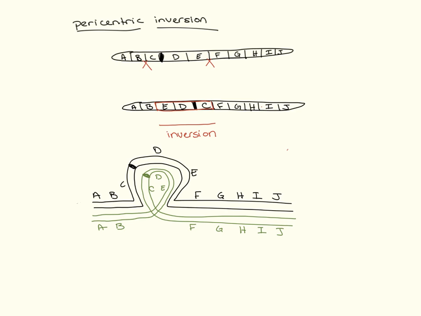So this is in a heterozygote during prophase 1 of meiosis, where the chromosomes are lining up, and you'll see that the same thing, we get an inversion loop forming, and the inverted chromosome has to twist on itself in order to allow the centromeres and the homologous regions to line up.